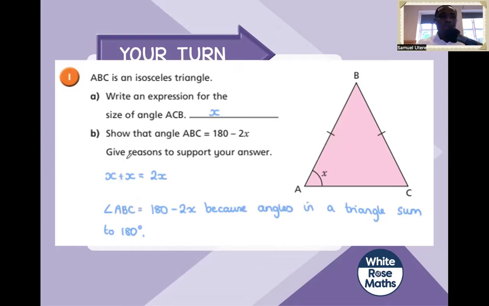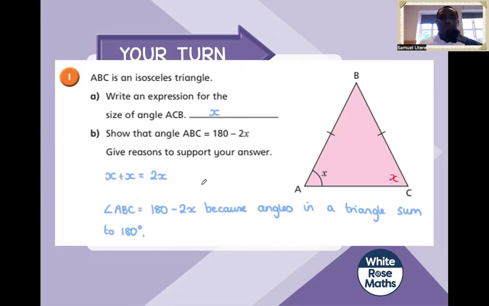For question B, you were asked to show that angle ABC would be 180 minus 2x. Of course, we've also been asked to give reasons to support our answer. Well, we know that the base angles would be equal. So if this is x, we know that x add x will be 2x.